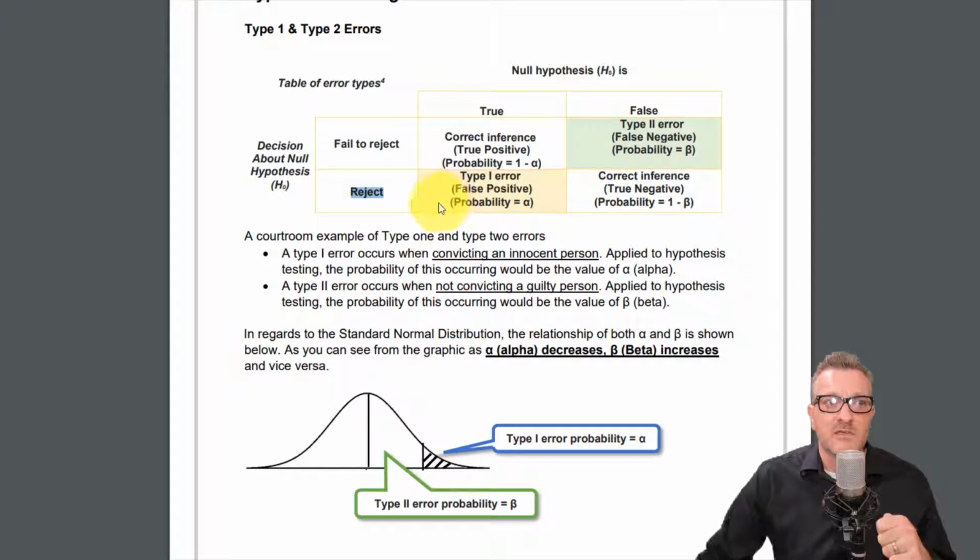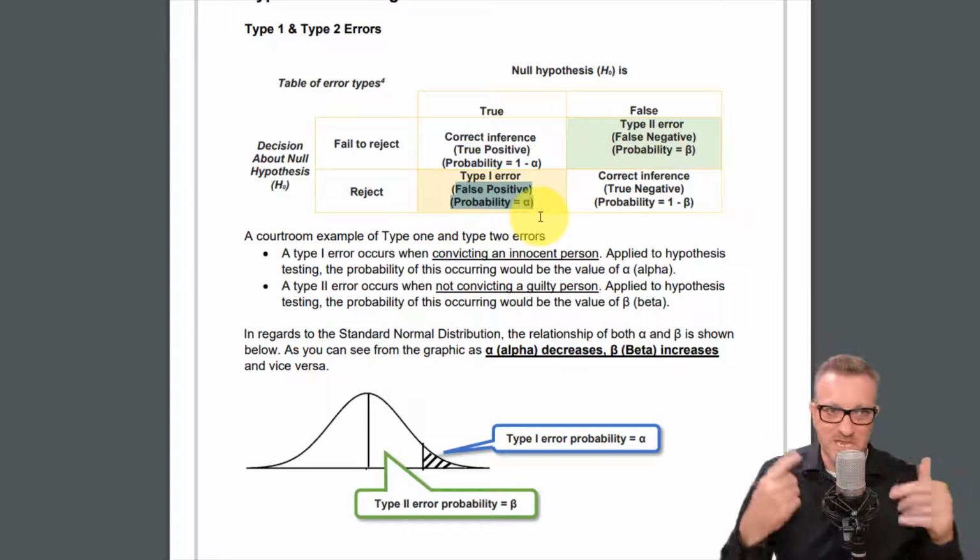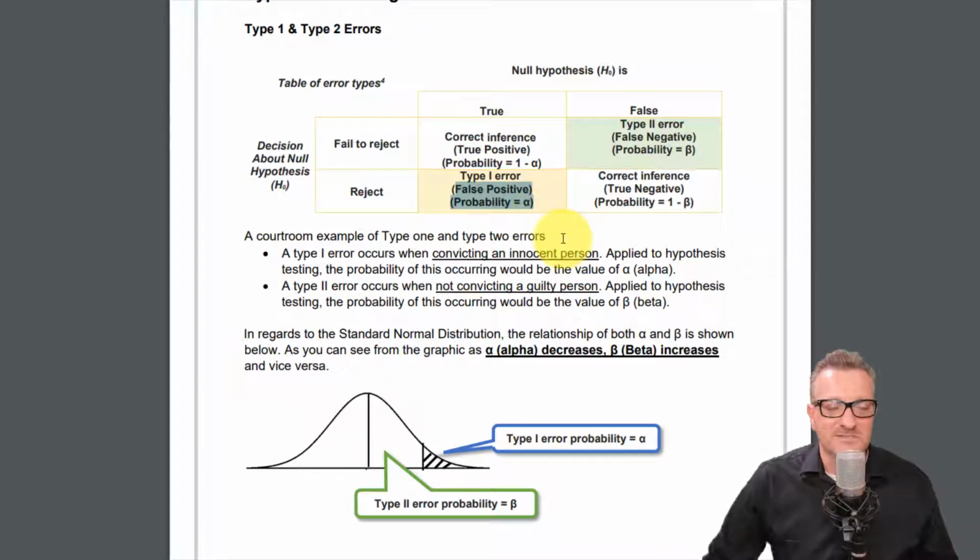You thought it was bad and rejected the null hypothesis, which was that this thing's good, and then you find out it was actually good. I understand these are complicated, and I have to use tables sometimes to really make sure. It's tricky, and it's written in kind of negating language.